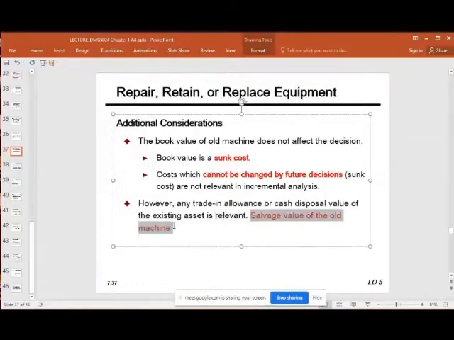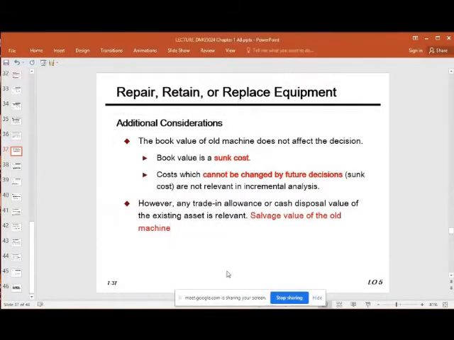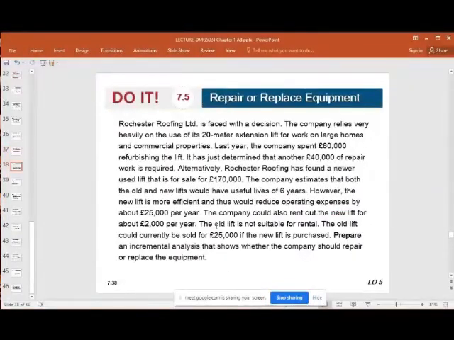So the salvage value of the old machine is relevant, but the book value of your old machine is not relevant. It's a sunk cost. So book value is a sunk cost, and any trade-in is relevant. So let's try this question.